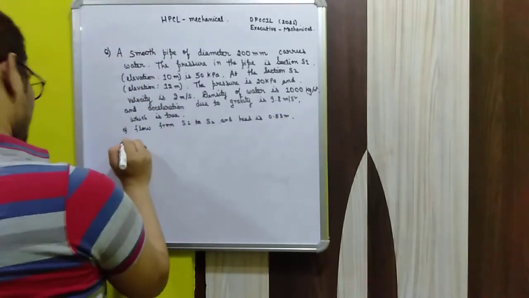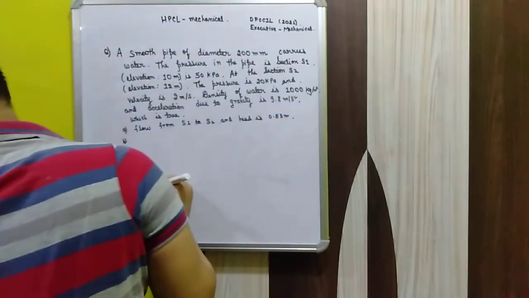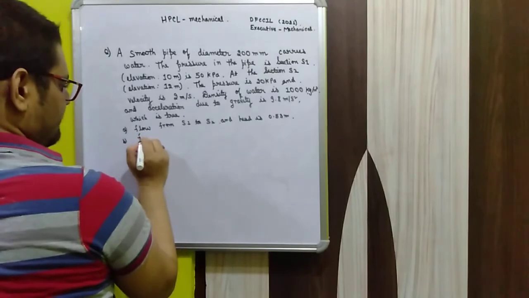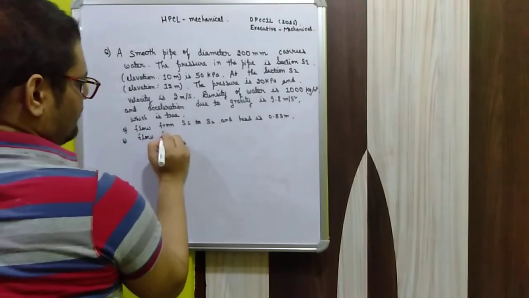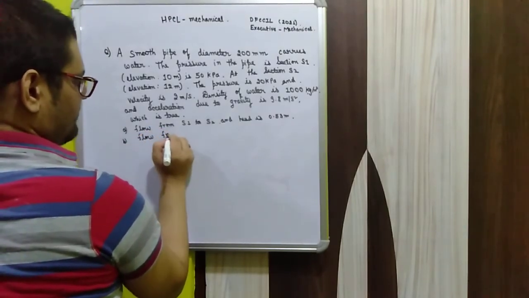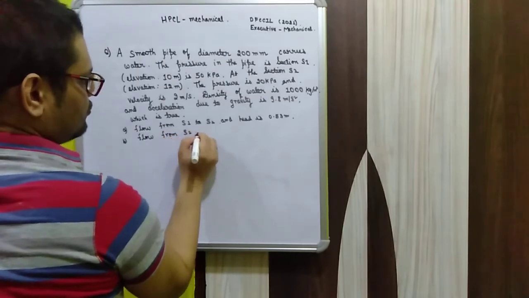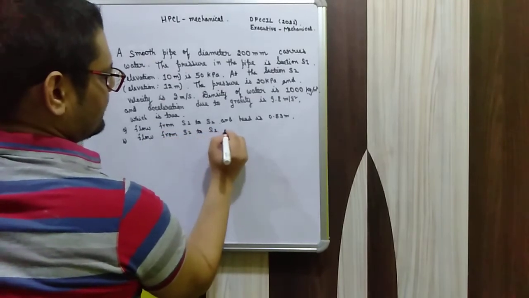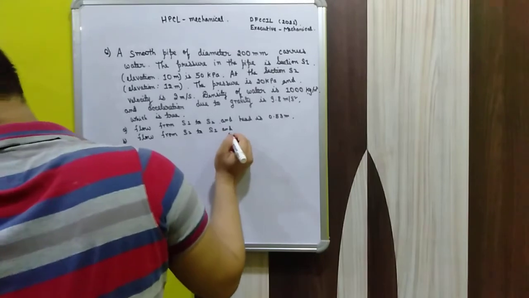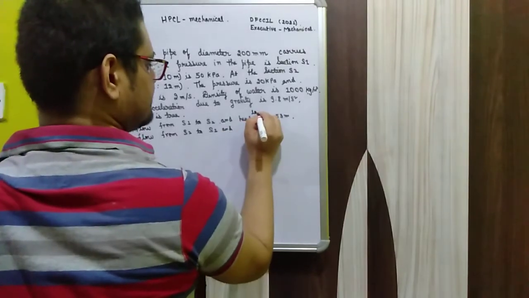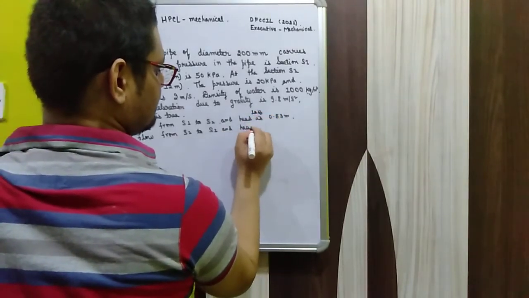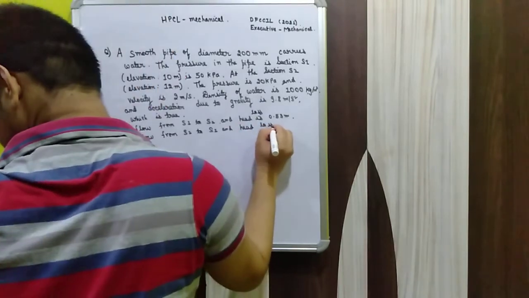Option B: flow is from S2 to S1, and head loss is 0.53 meter.